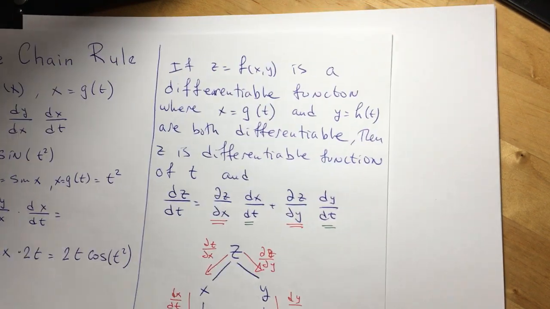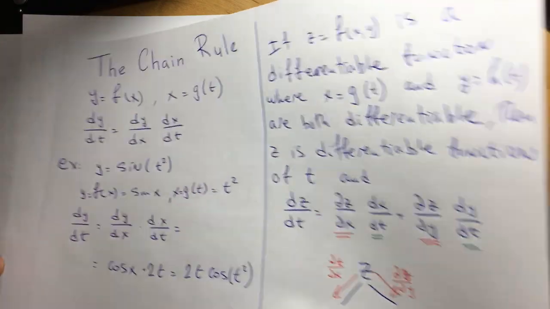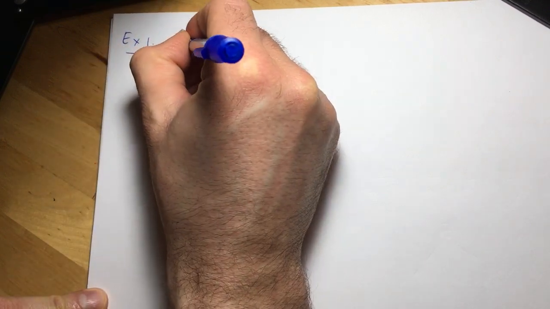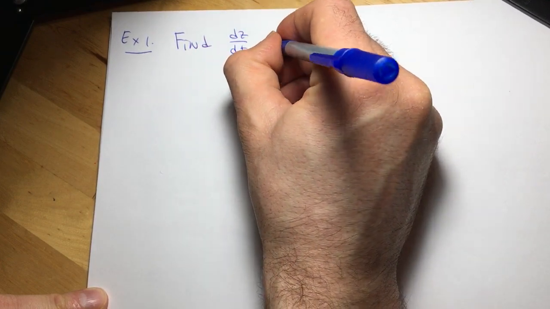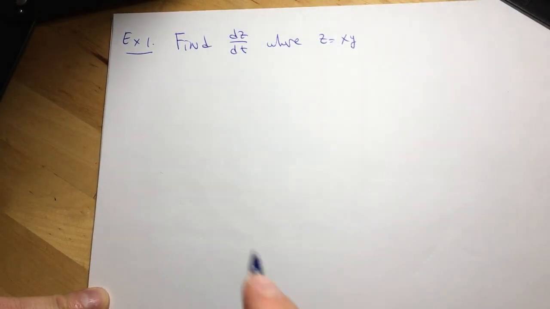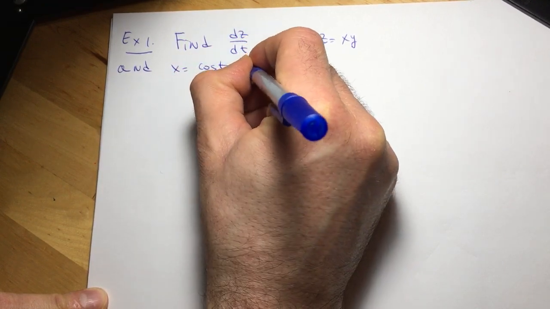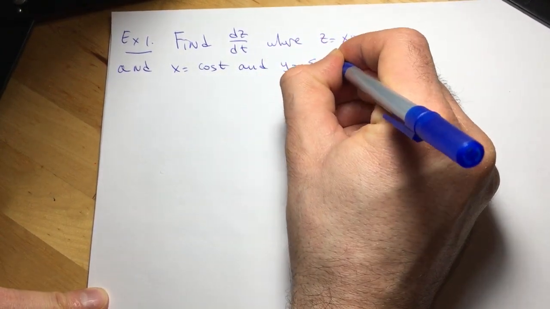Okay, so let's do an example. Find dz dt, where z is equal to the product of x and y, and x is equal to cosine of t, and y is equal to sine of t.